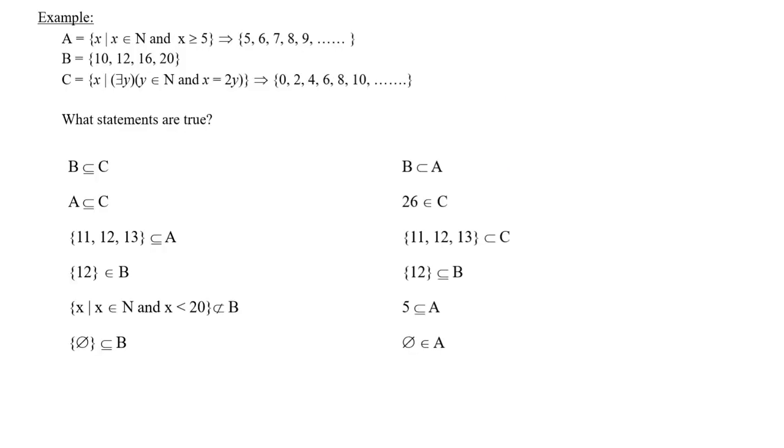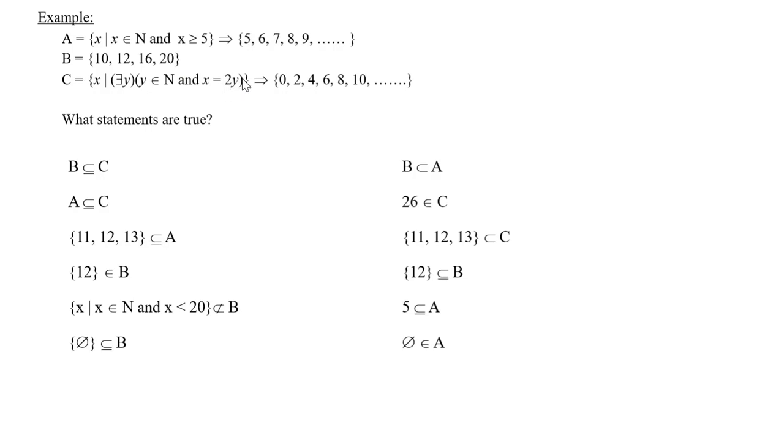Let's see this example. A is the set of X, where X is a natural number and X is greater than or equal to 5. That will give us the set 5, 6, 7, 8, 9, and so on. B is 10, 12, 16, 20. And C is X such that there exists Y, Y is a natural number and X is 2Y.